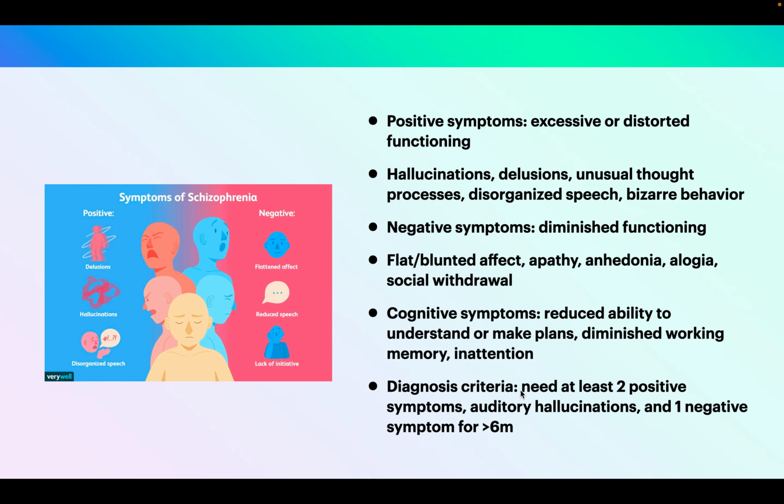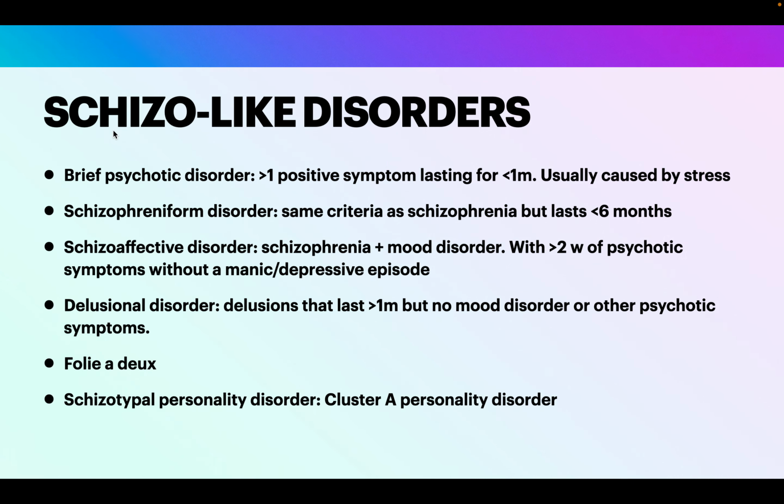So the criteria: you need 2 positive symptoms, at least one of them has to be auditory hallucinations, and 1 negative symptom for 6 months. So 6 months is the big indicator that this is schizophrenia, because there are some schizo-like disorders.